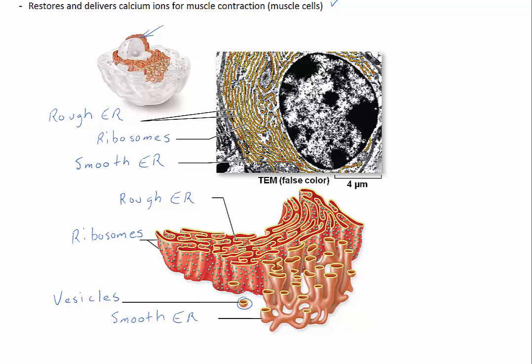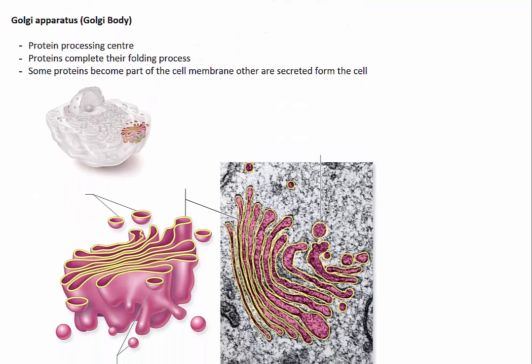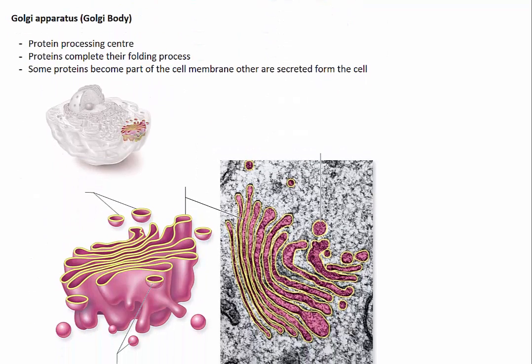And a vesicle is basically a transport system, and it pinches off from the tubular endings of the ER membrane and takes its contents to the next stop in the production line, which happens to be the Golgi apparatus. So the Golgi apparatus is a flat membrane-enclosed sac that functions as a protein processing center.